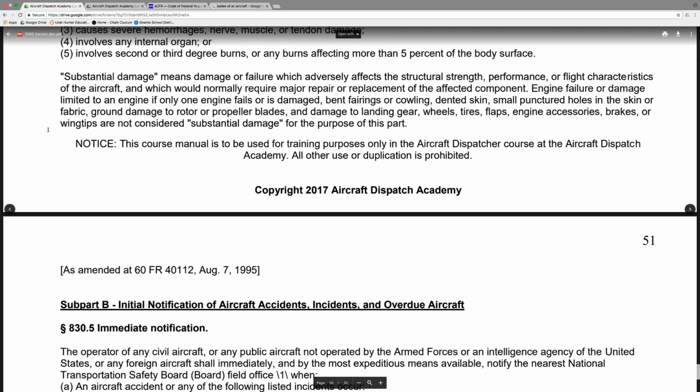So basically what that's saying is that it has to be a pretty substantial amount of damage.